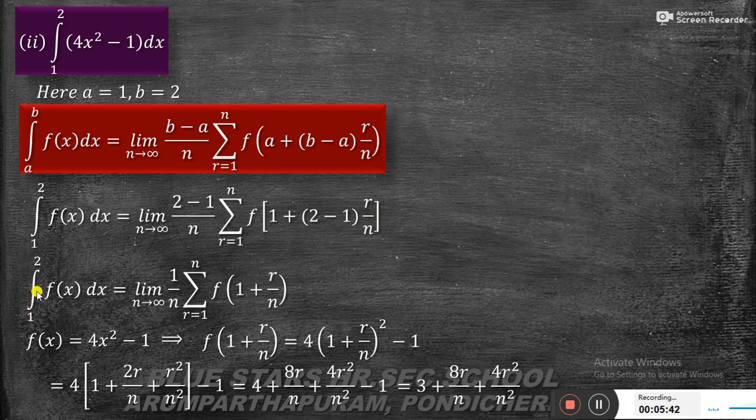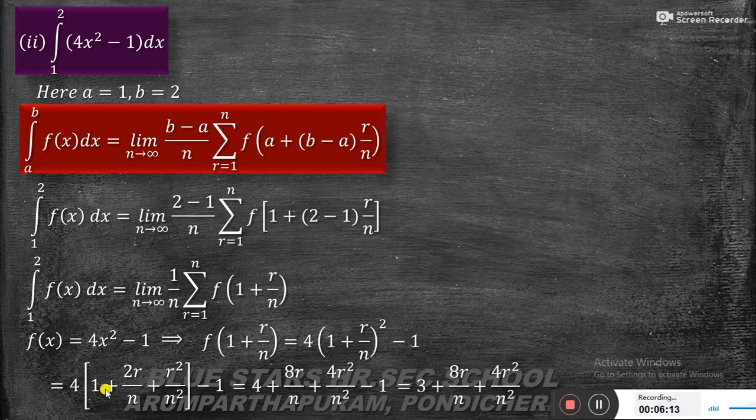So the next step, the integral 1 to 2 of f of x dx equals the limit n tends to infinity, 2 minus 1 means 1, 1 by n summation r equal to 1 to n, f of 1 plus (2 minus 1) is 1, f of 1 plus r by n. Therefore here f of x equals 4x square minus 1, which implies f of 1 plus r by n equals 4 into (1 plus r by n) whole square minus 1. So the next step I write it: (a plus b) whole square means a square plus 2ab plus b square.